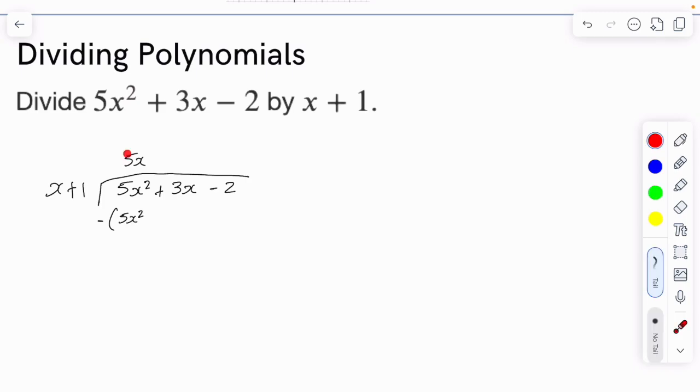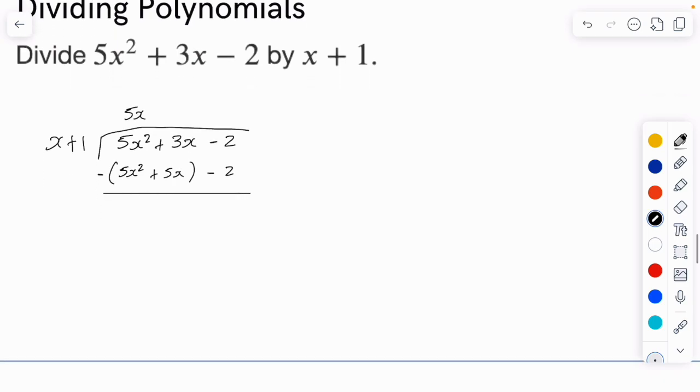5x times x is 5x squared, 5x times 1 is just 5x. We're still at the minus 2 there. If we do that, what are we going to get? 5 minus 5, 0. 3 minus 5 is minus 2x.